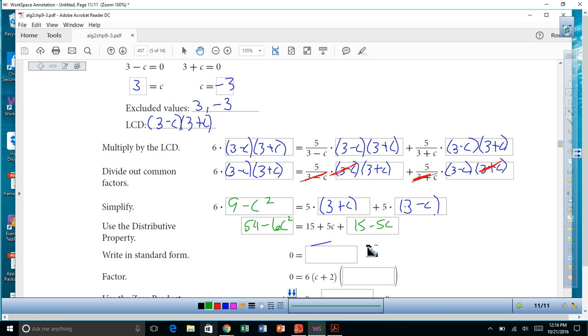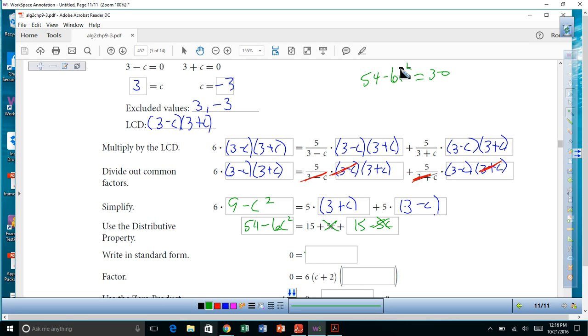Okay. Now, we got to clean this up and write it in standard form. So let's take a look. 5c and negative 5c, those cancel out. And we got 15 plus 15, that's going to give you 30. And you got 54 minus 6c squared.